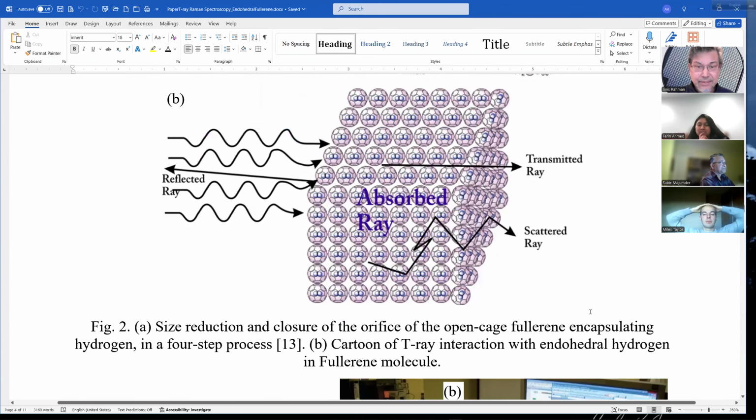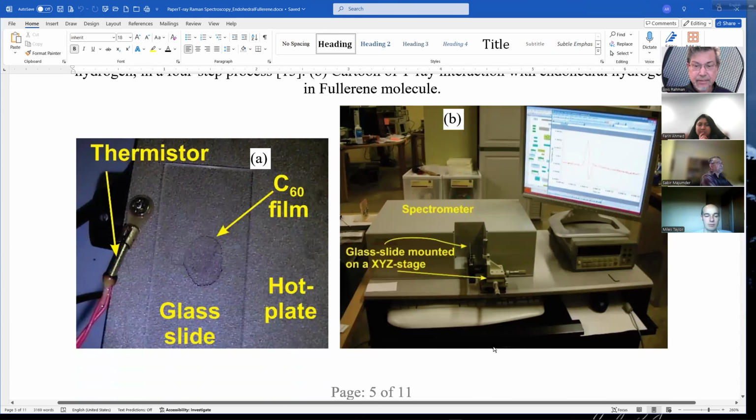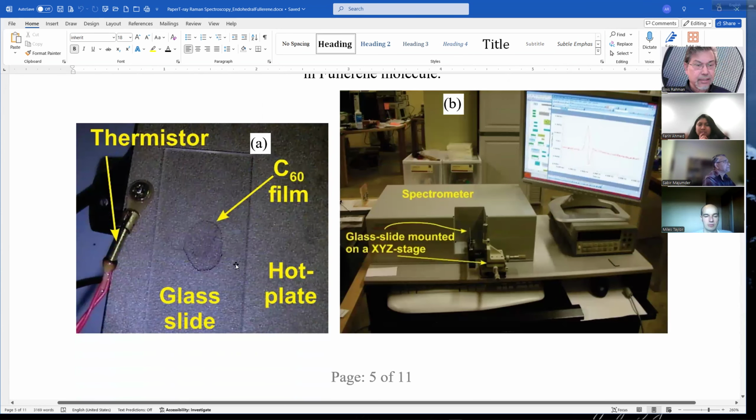You have seen how those are done, but here are the experimental details. On a glass slide, we dropped one drop of the solution with C60, as well as H2@C60 and D2@C60 on other slides.